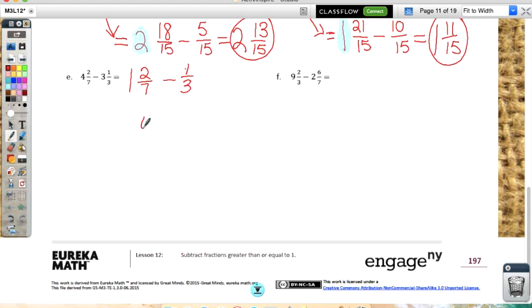Because it would be 6/21 minus 7/21. Don't write this, because that's wrong, okay? And we don't want to go to the negative side of 0, so we've got to use the 1. So what does that give me? 9/7 minus 1/3. And the 1 is gone because I turned it into a fraction.